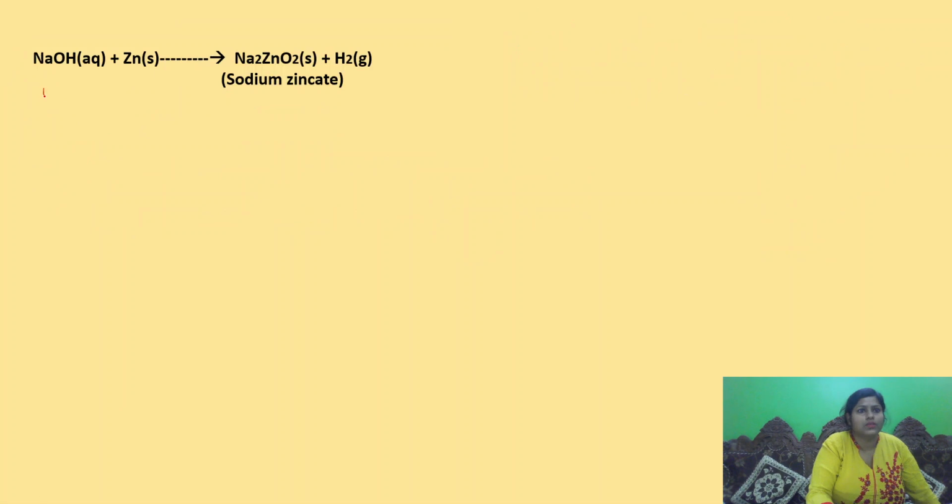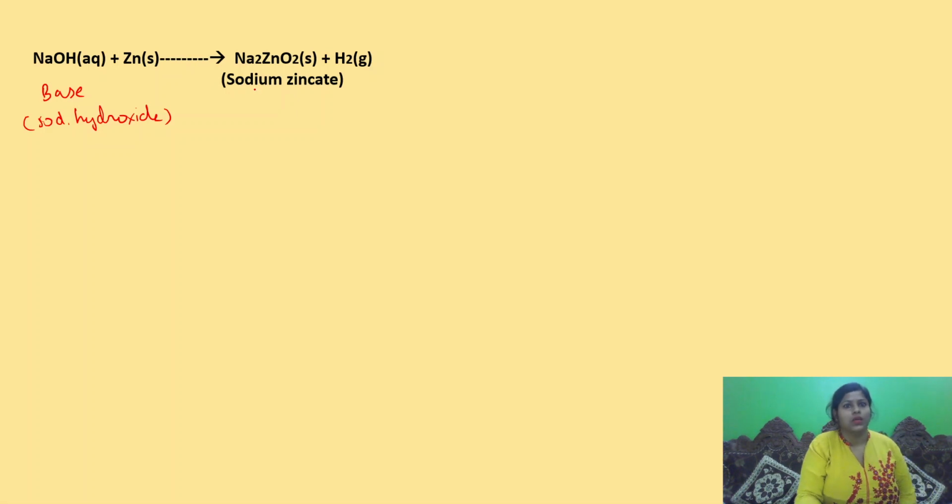Now this is a base. This is what? Base. Sodium hydroxide, right? This is zinc, it is in solid form. What is formed? This is sodium zincate. This is a complex coordinate salt.